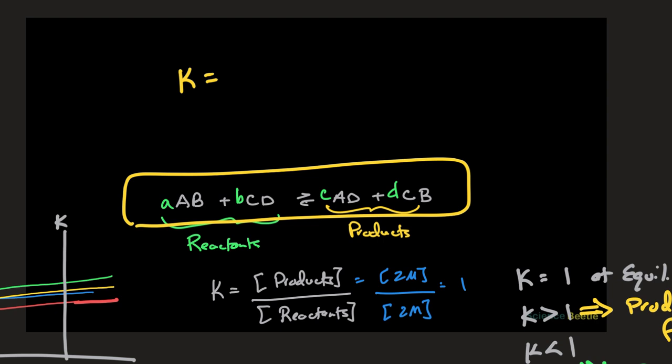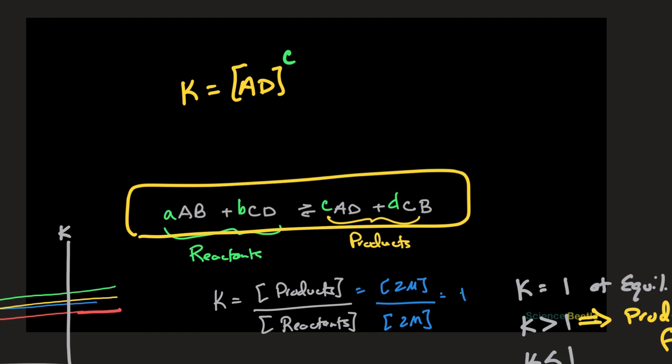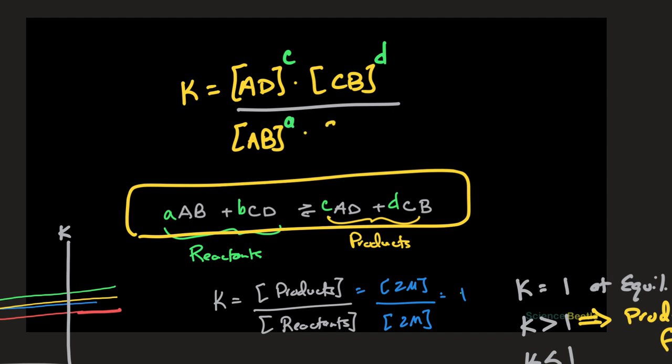So it will be the concentration of the first product, AD, raised to the power identified as the coefficient for AD, which in this case is C. Then we multiply that times the concentration of CB raised to the power of D. And then we take all of that and divide it by the concentration of compound AB raised to the power of A, multiplied by the concentration of CD raised to the power of B. So this equation at the very top is the expression for that equilibrium, which is known as the K expression.